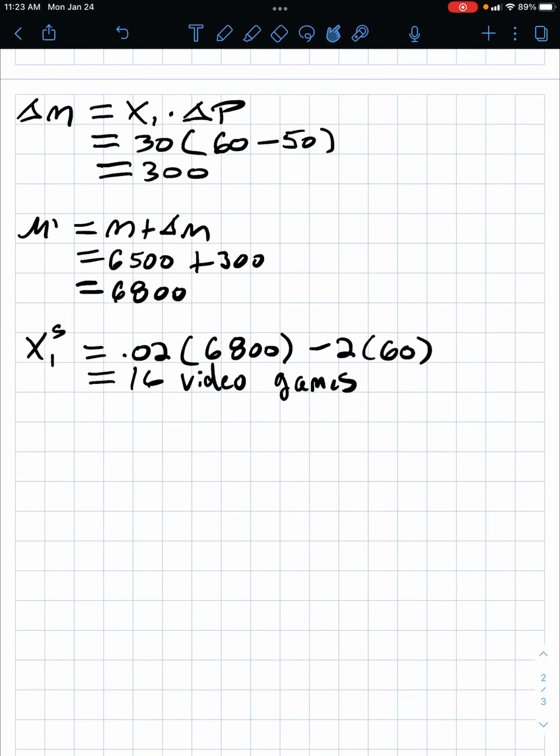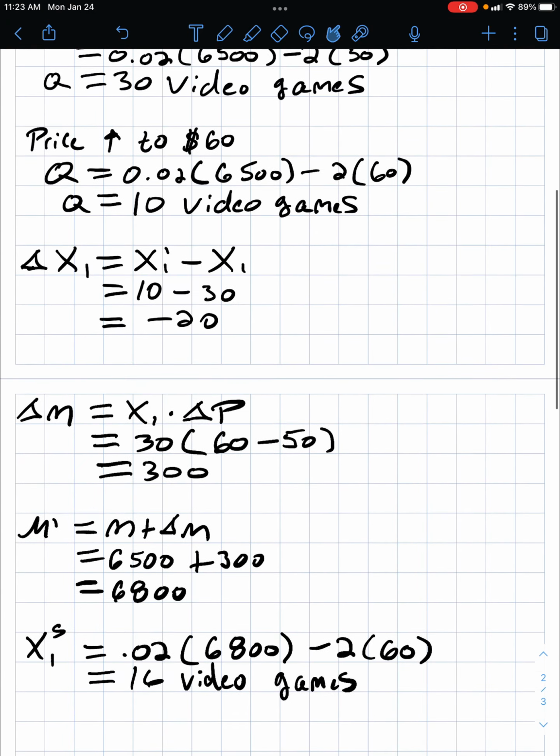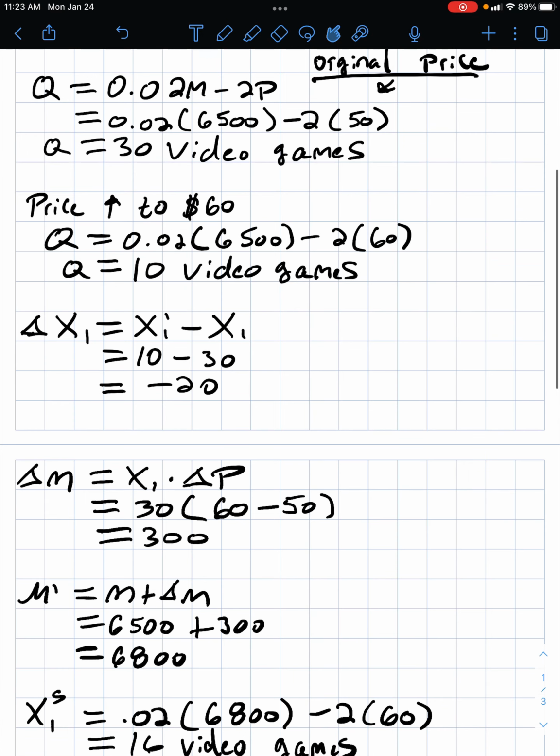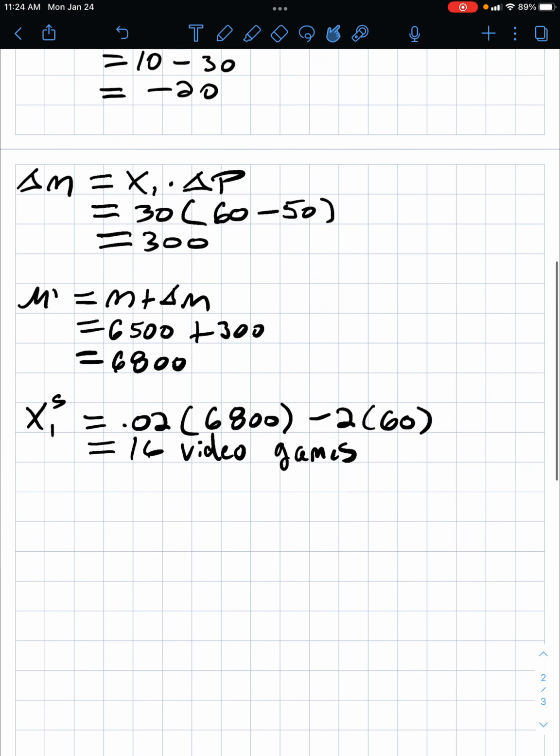So you can see from the original demand at 6,500, he has 30, and then at 65 with a price increase, he demands 10. But then with a new income of 68, he demands 16 video games.